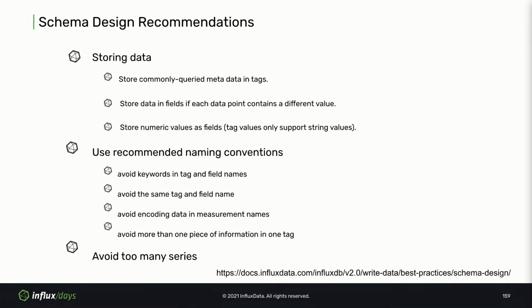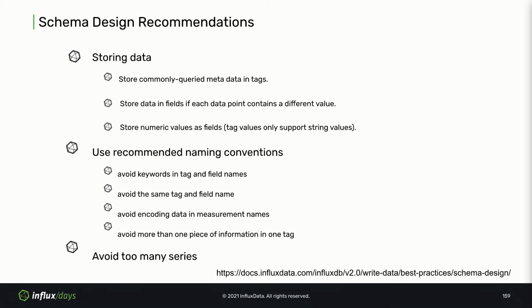When designing your schema, it's important to think about how you're storing and naming your data. Storing your commonly queried metadata in tags will definitely help you. Store data in fields if each data point contains a different value, and store your numeric values as fields.